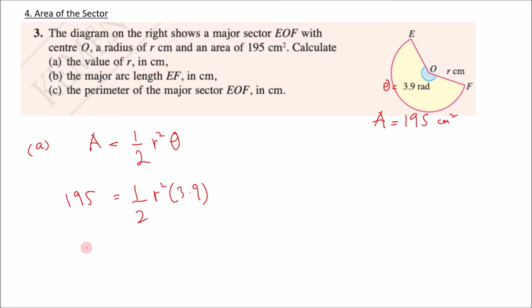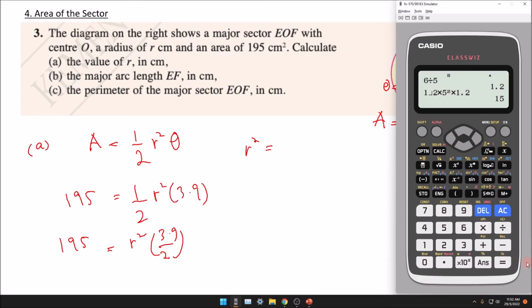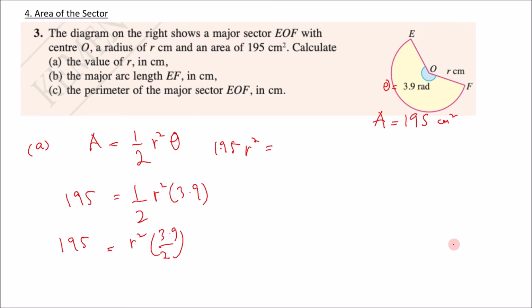And then some algebra here, we can find r square. r square is equal to 3.9 divided by 2, you should get 1.95, which is equal to 195, right?